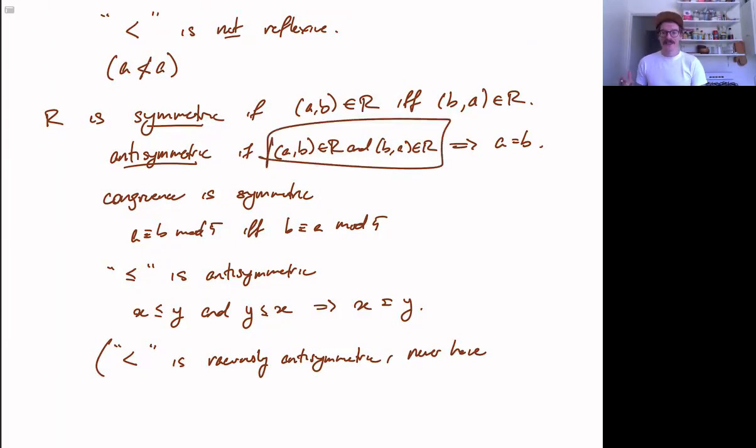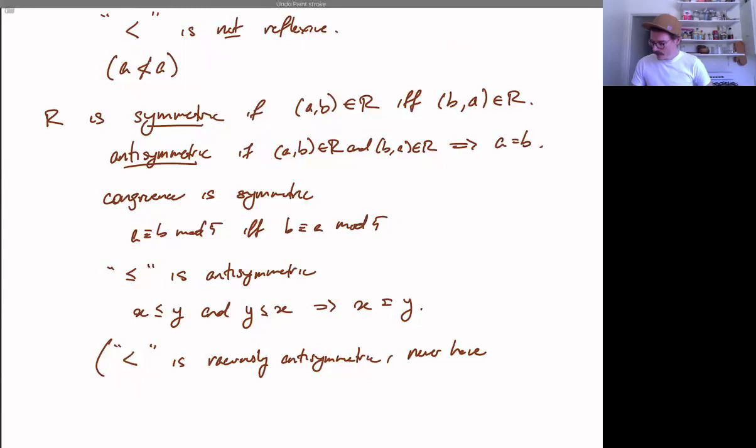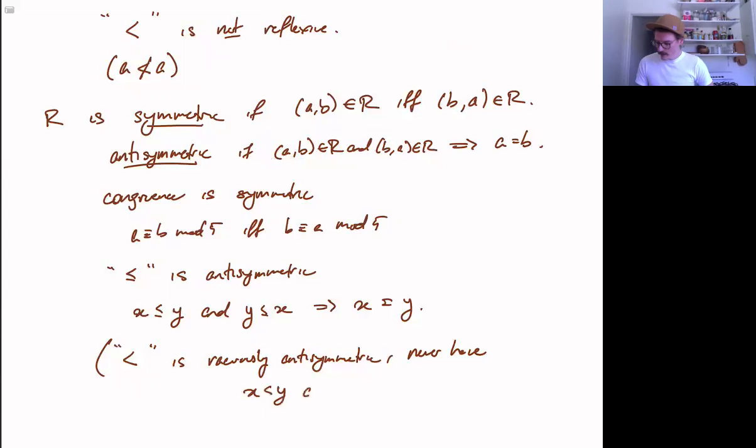So the property is satisfied because an implication that starts with a false statement is always vacuously true. You never have x less than y and y less than x. This is impossible, so it's satisfied.